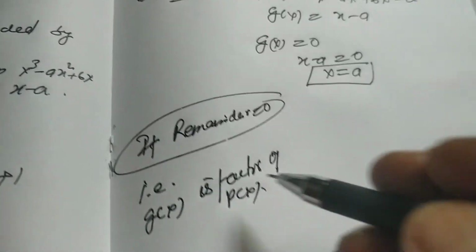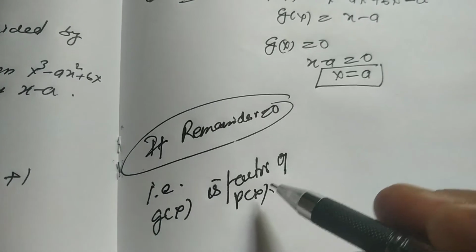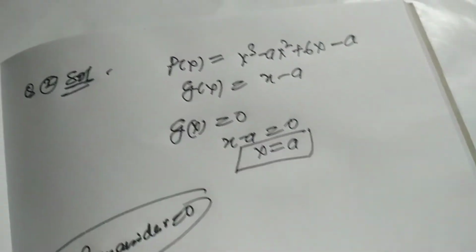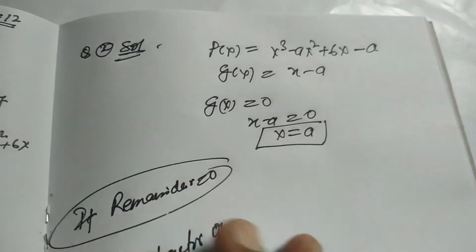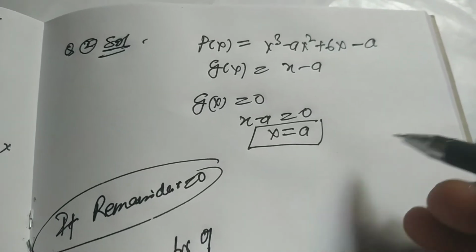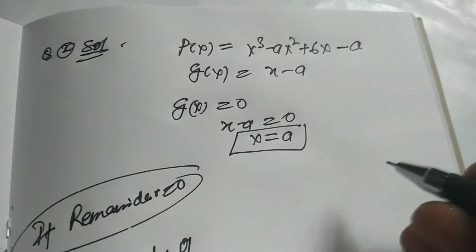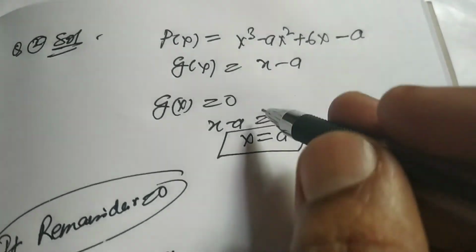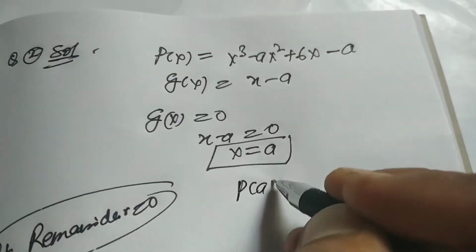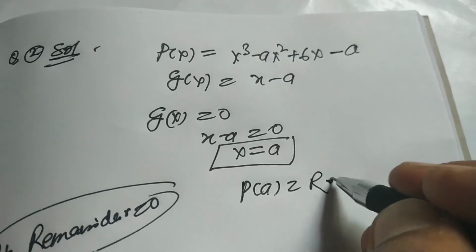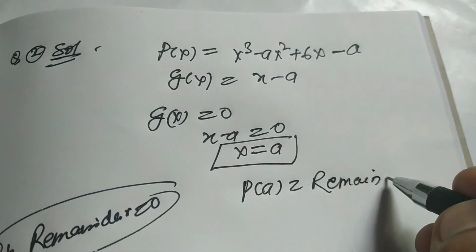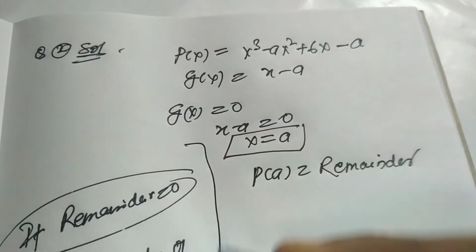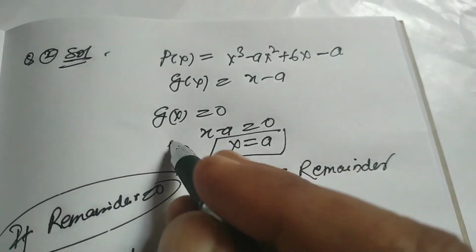So that will be g(x) into q(x) is equal to p(x), right? So that is called a factor. If two numbers are multiplied, then both are the factors of the result, right? See, this p(a) is called the remainder. x is equal to a, we are talking about this x is equal to a, then p(a) is the remainder.